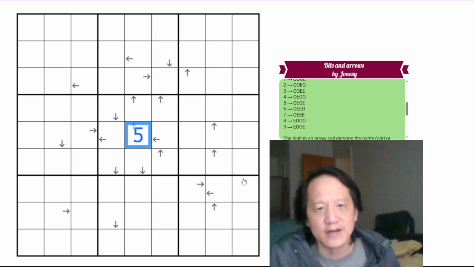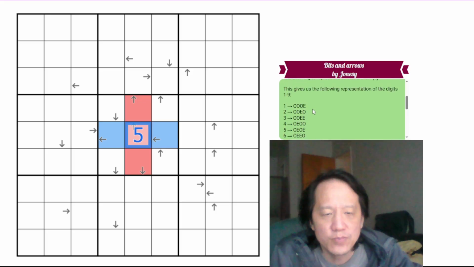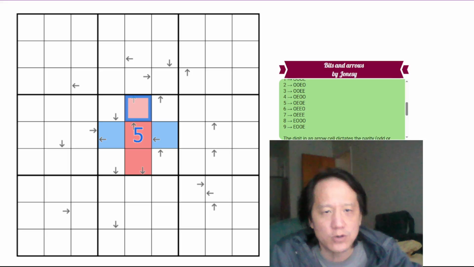What about 5? We have odd, even, odd, even. So these two have to have an odd digit as the third bit. 1 works, 5 works, but we can't have that. 1 and 9 work.